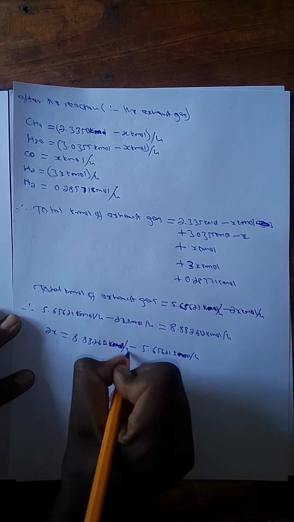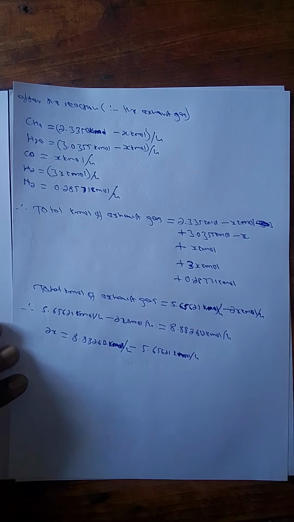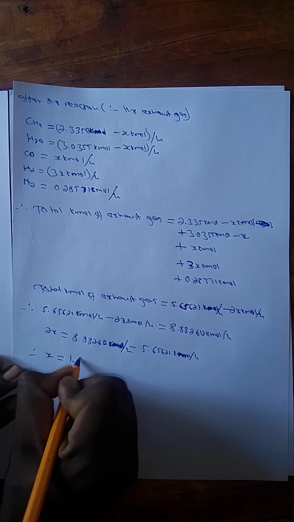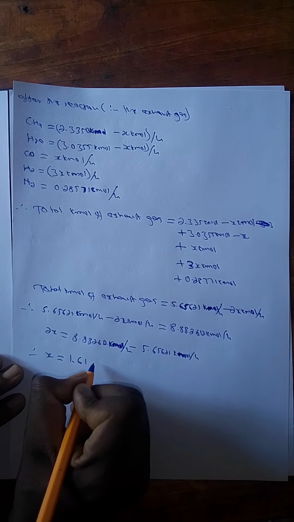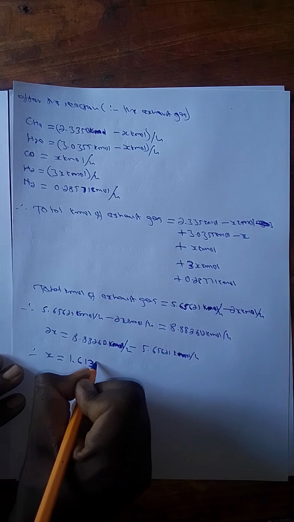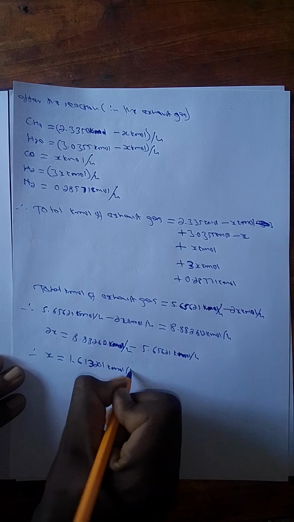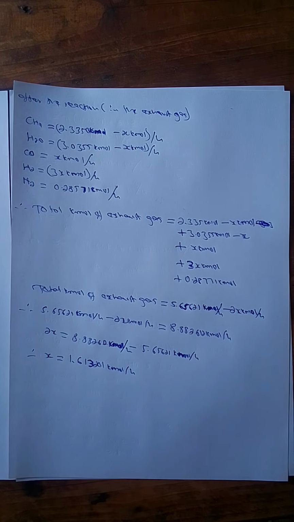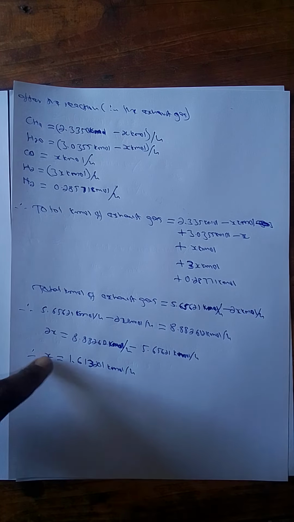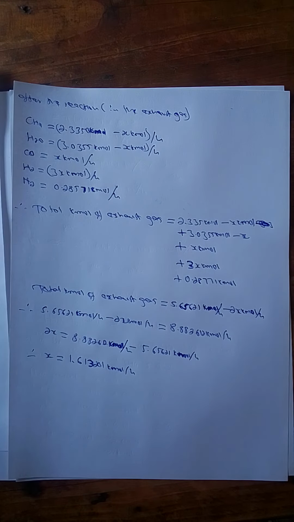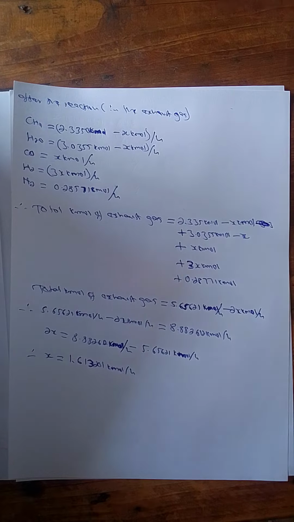Well, this is per hour, this is also per hour, right? Therefore, our X is equals to 1.613201 kilomole per hour. So now we managed to actually solve for X. We know that our X is 1.613201 kilomole per hour.